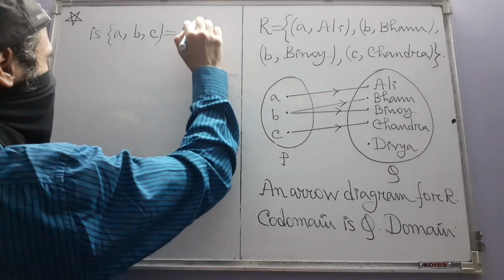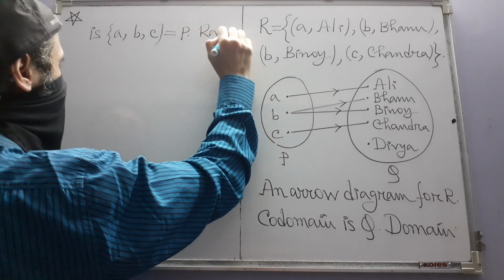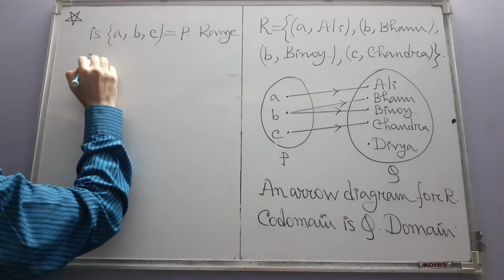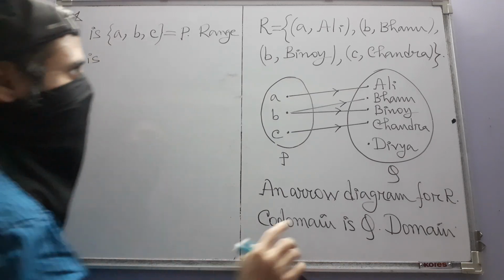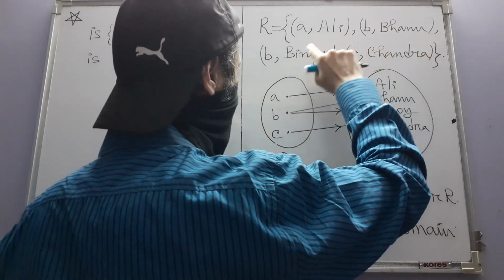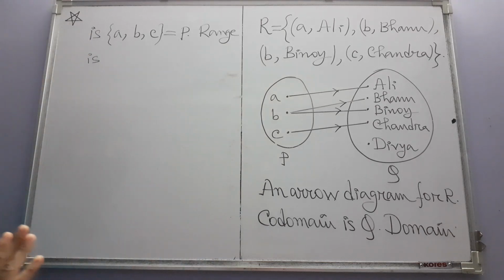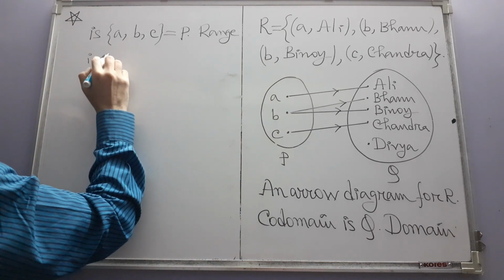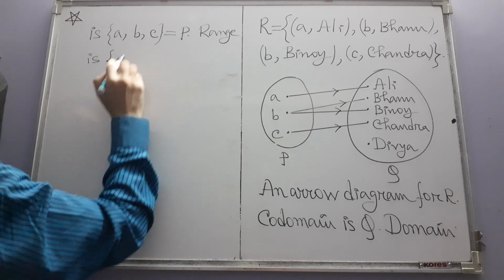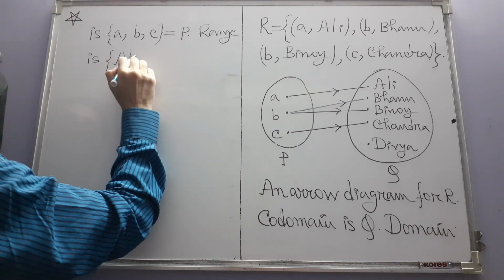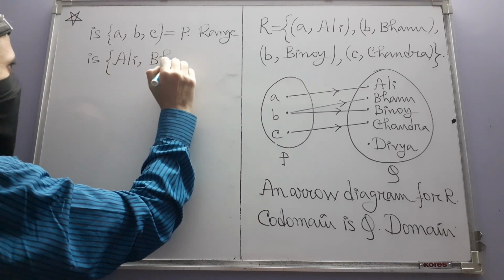What about the range? Range consists of the second components of the elements of R. That means range is the set of these names.